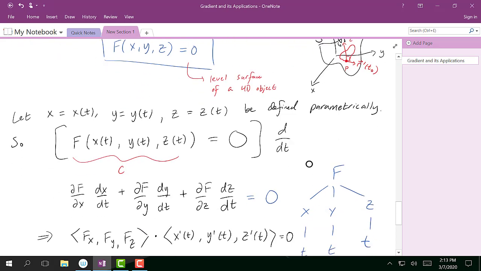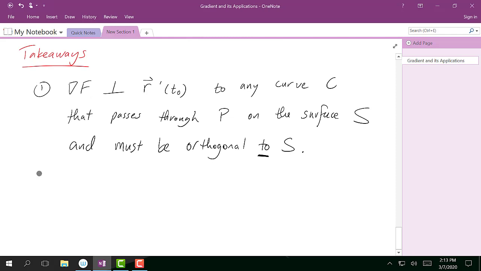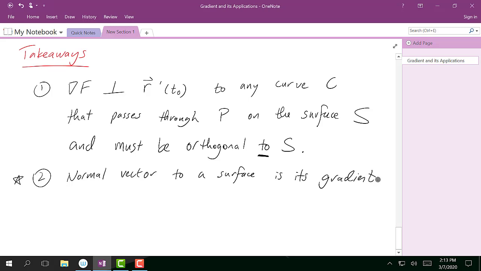Okay, so the most important thing I think from here is that the normal vector to a surface is its gradient. So breaking this down, the surface is just going to be the graph of the function.